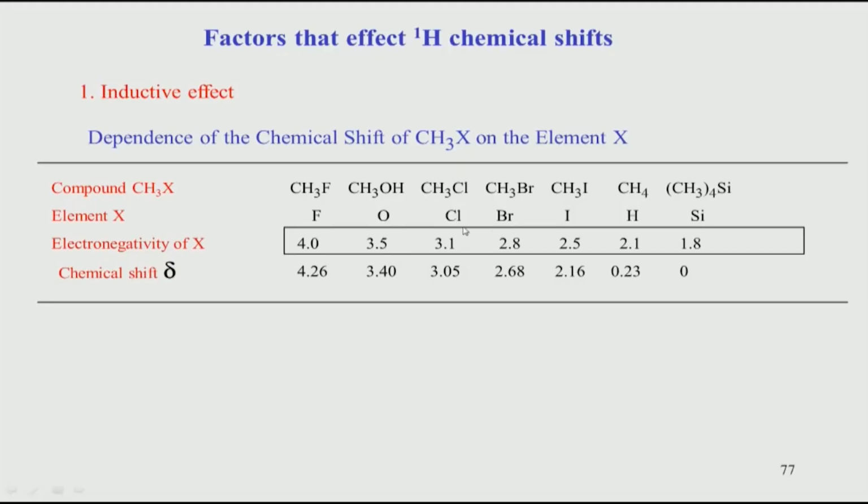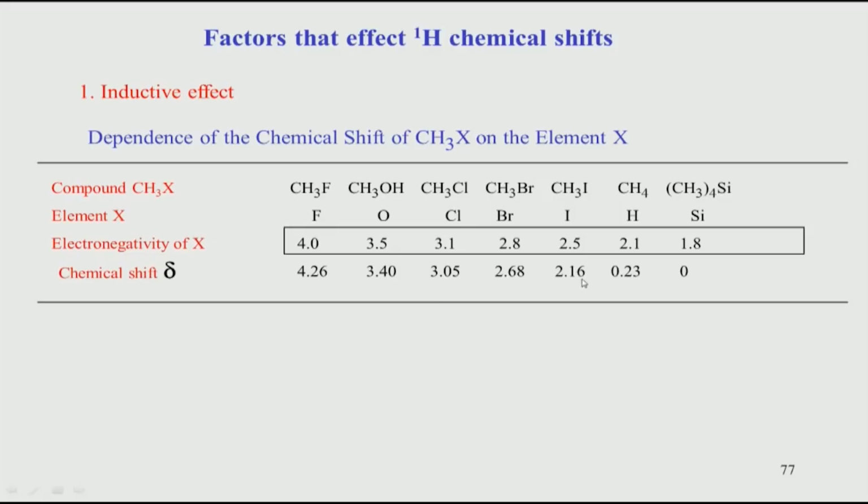Similarly, if you go to heavier halogens, we know that the electronegativity decreases. For example, a CH3I system comes downfield shifted compared to methane, at 2.16, but it is upfield shifted compared to methyl chloride.